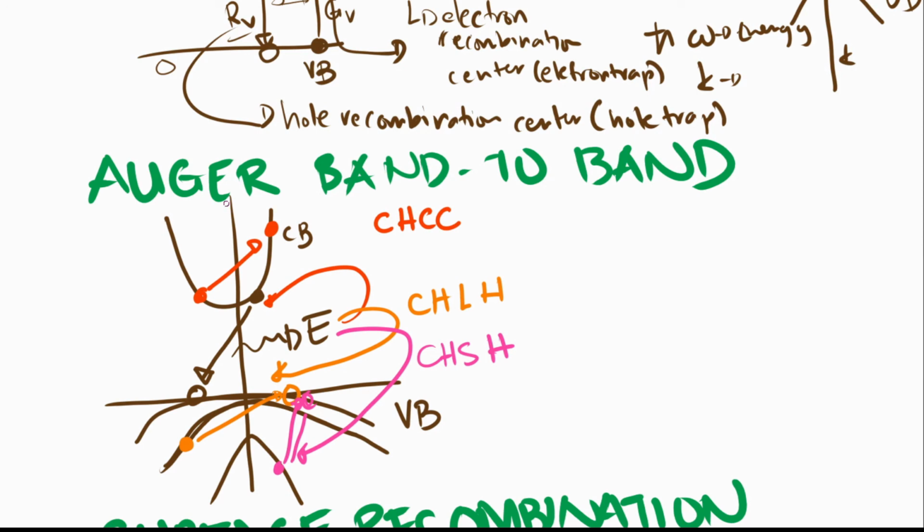In all of these three cases, the total energy and momentum of our system is conserved. The energy and momentum change in the system due to the recombination of the initial conduction band electron and the heavy hole band hole is then used to produce our generation, the increase in energy of the electrons here, here, and here.